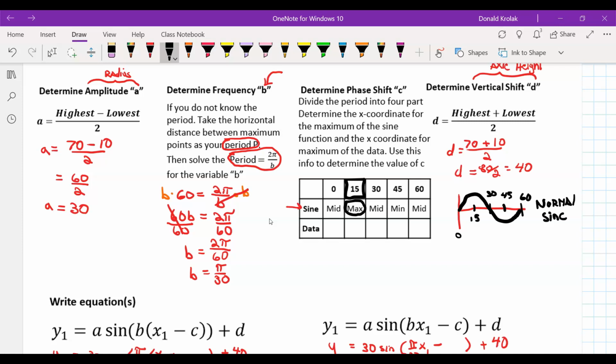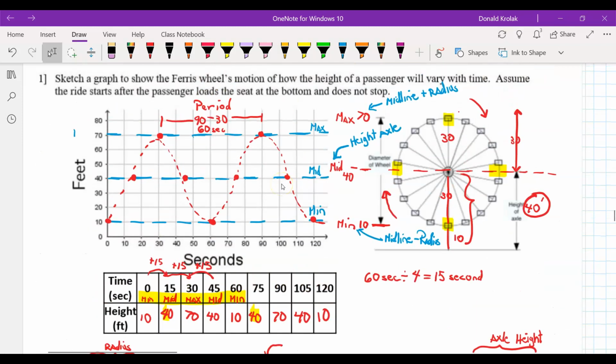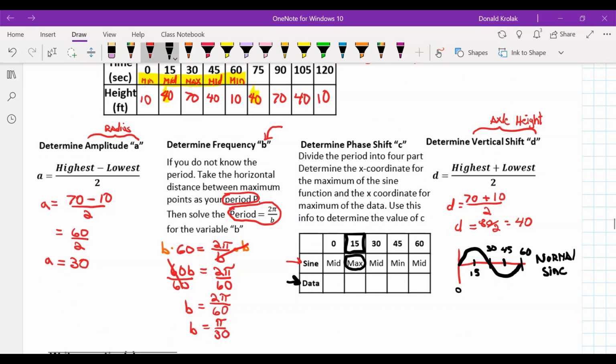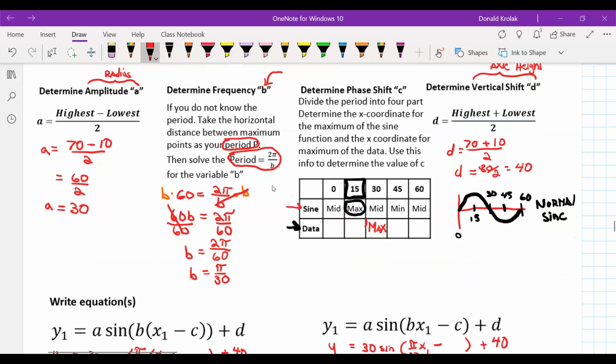Okay, but if you look at ours, look at where the first max is on ours. Okay, so our first max occurred at 30 seconds. So for our data, our max occurred right here. So you have to figure out what are you going to do to the sine curve so that this max occurs under the 30 instead of under the 15.